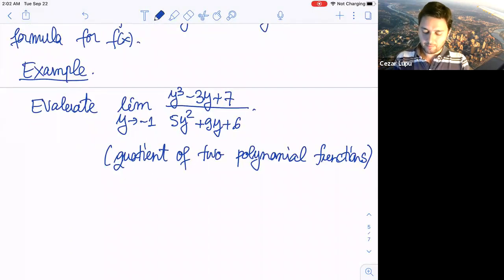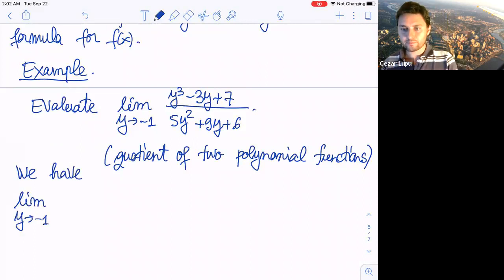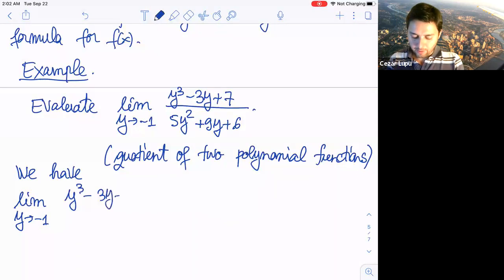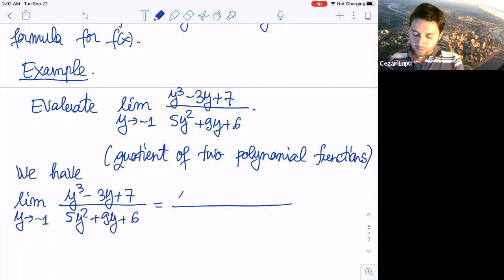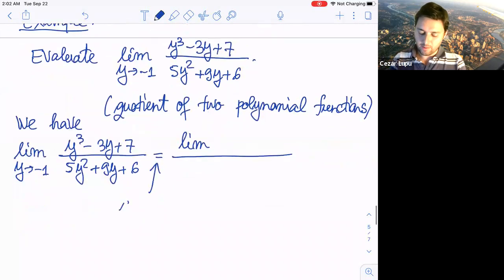So we have that the limit as y approaches -1 of y cubed minus 3y plus 7 over 5y squared plus 9y plus 6 would be, by the quotient rule, let me say it specifically here, quotient rule.